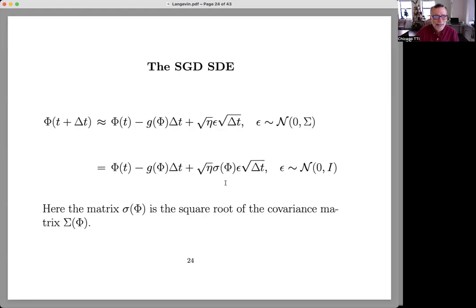So now I've got a model of SGD that turns SGD into a stochastic differential equation.